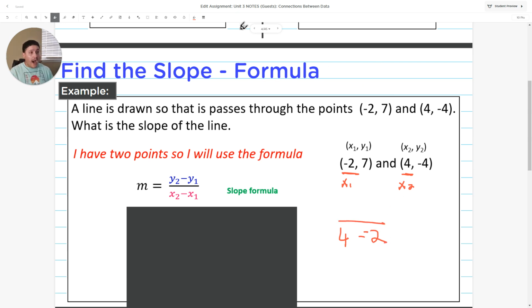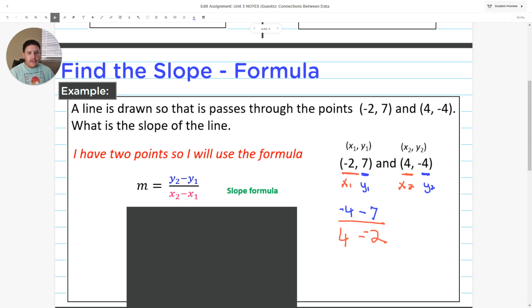And then for the y values, this is y2, and this is y1. So we're going to subtract those at the top of the fraction bar: -4 minus 7.